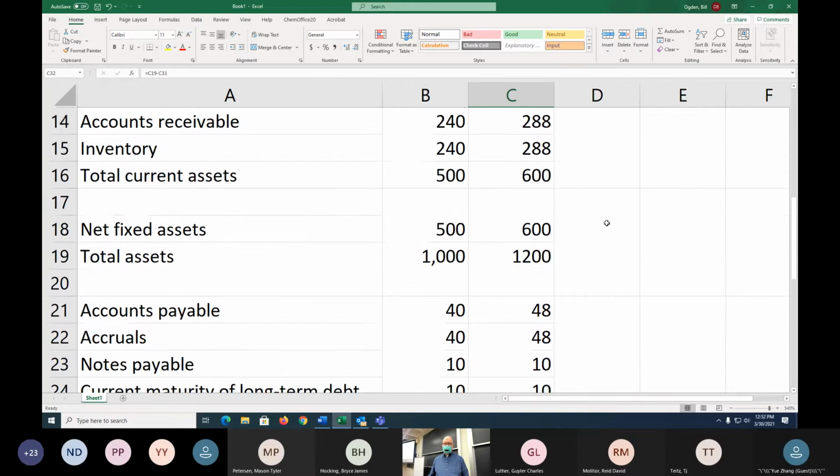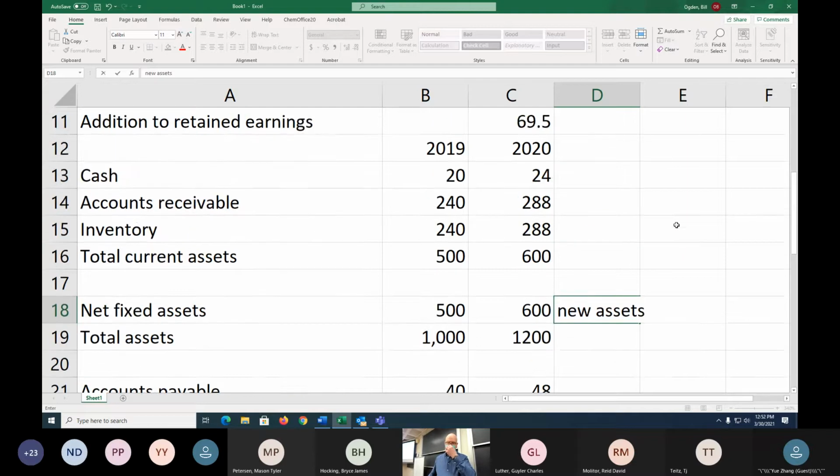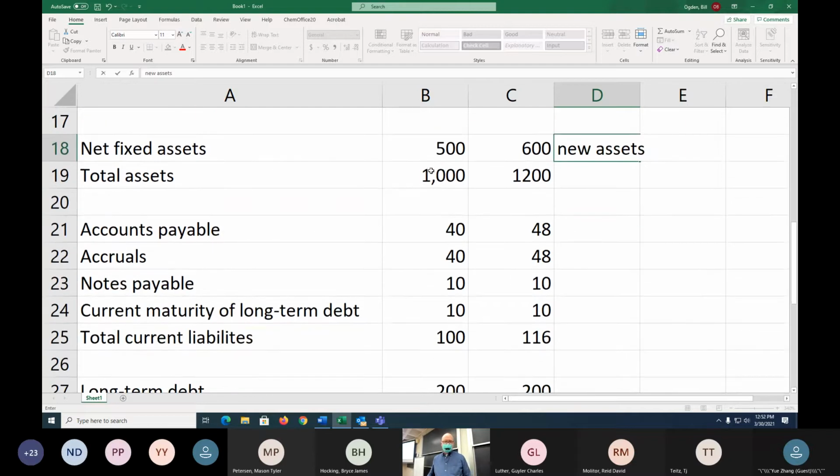Okay, so let's go back here and let's identify our new assets. Well, for this it's pretty easy, isn't it? You're increasing assets from 1,000 to 1,200, so you have to fund 200 in additional assets, don't you? Okay.